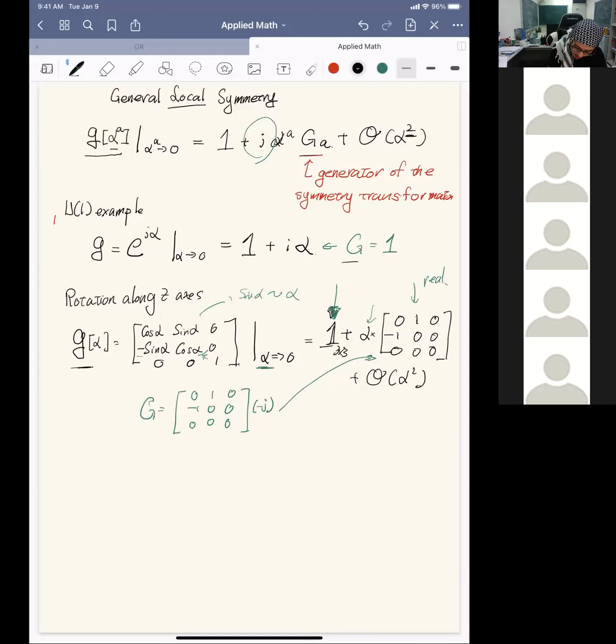So generically, we're going to have generators of our transformation, and this is in the small alpha limit. So at finite transformation, usually we write finite transformations.